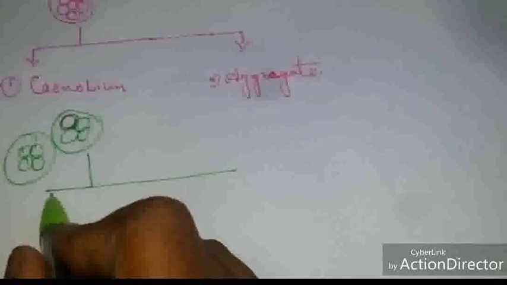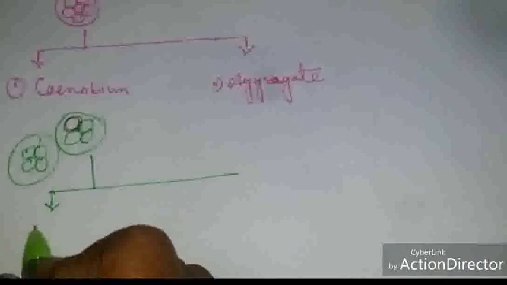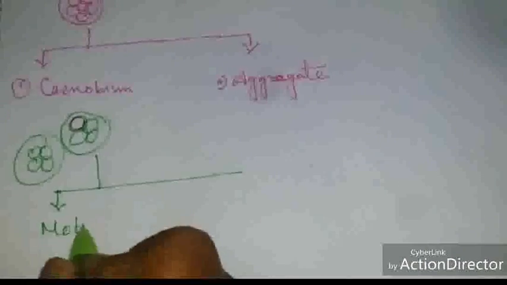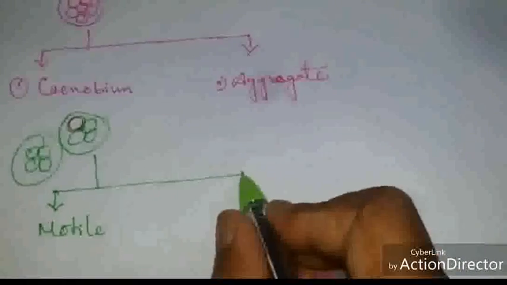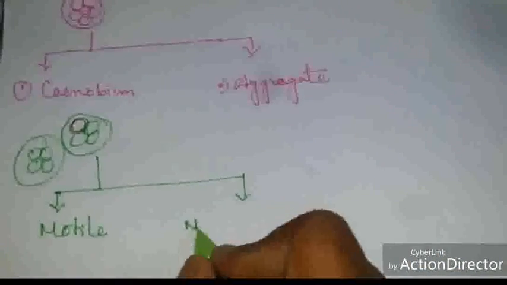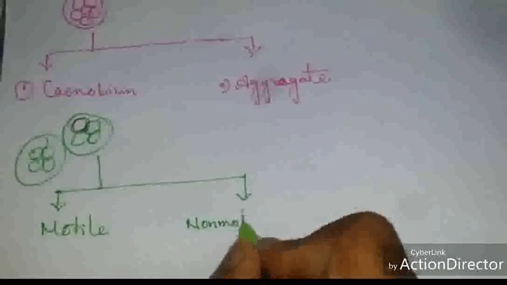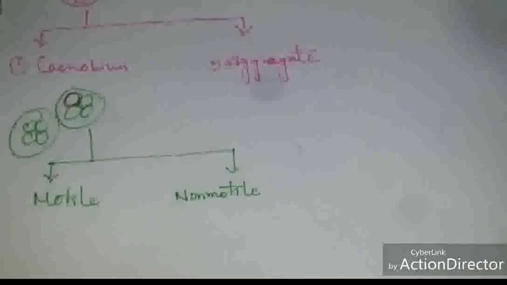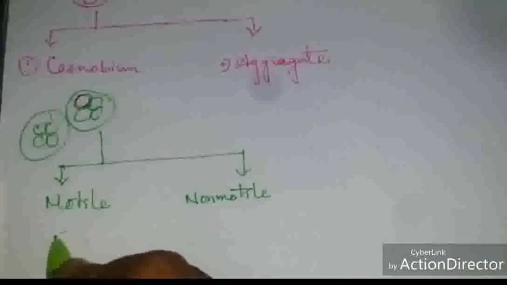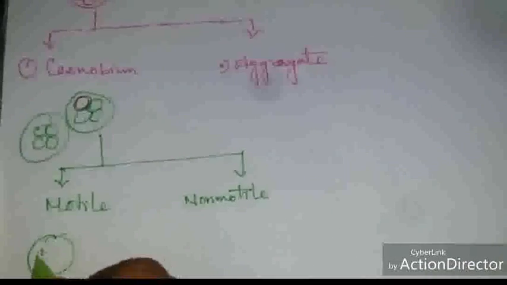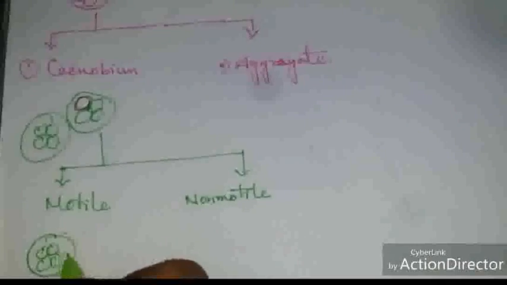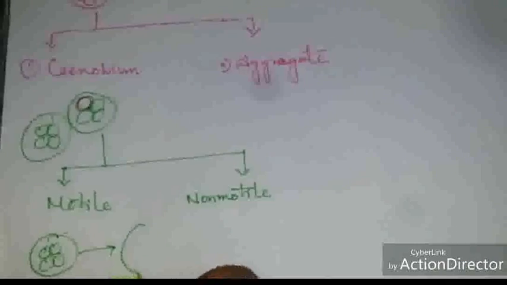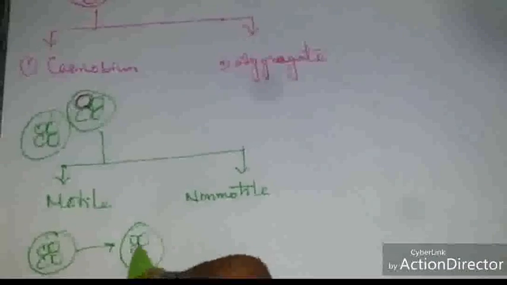One is motile and another is non-motile. In motile, this coenobium can move from one place to another by the help of flagella.